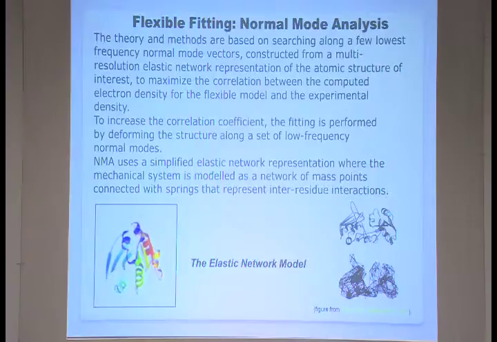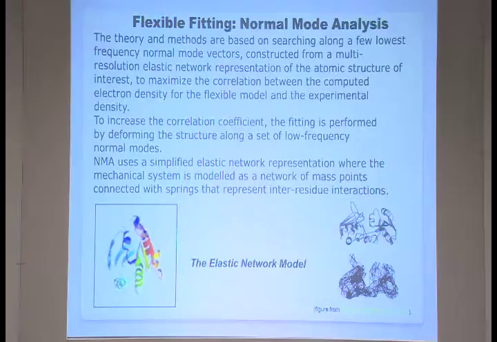And then when you are using it as a fitting approach, what they do, some vectors they took, that is the direction, only the direction it can give, which are few lowest frequency normal modes. So it can only give you the direction.